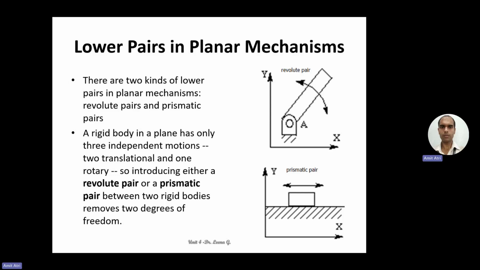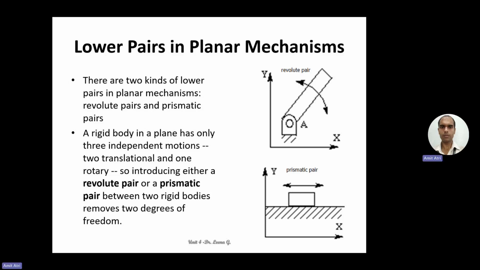First, lower pair in planar mechanism. Planar basically deals with 2 dimensions. One is the revolute pair and one is the prismatic pair. The revolute pair resembles a rotational motion, as in the first diagram there in the XY plane.